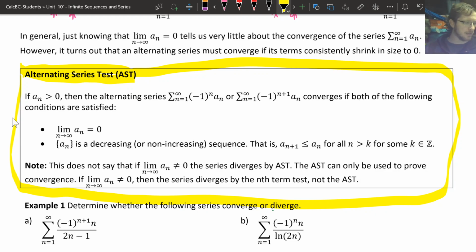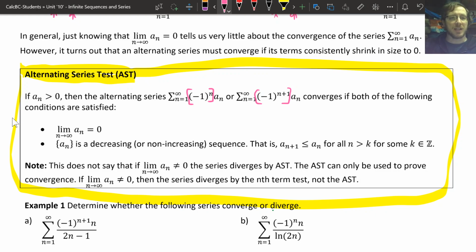Notice that we've got this alternating part here, and then we've got the rest of the rule, a sub n.